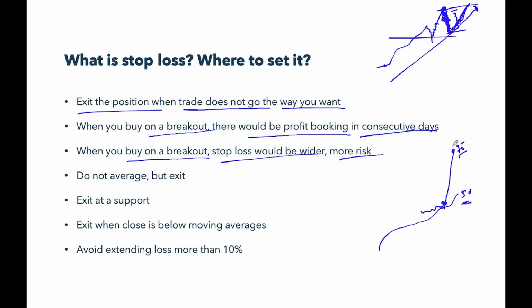There are different strategies in terms of how to trade, but the importance of stop loss is really important. The moment we take the trade, we should know what my stop loss level should be. Even if you're buying at 75, we cannot keep the moving average as the stop loss. So maybe we can keep a stop loss of, let's say, 2% or 3%.